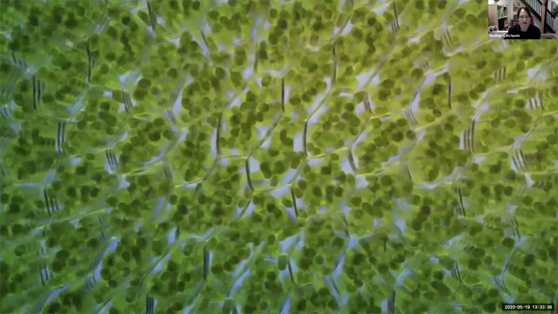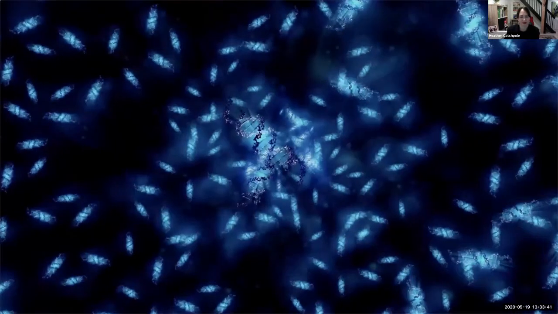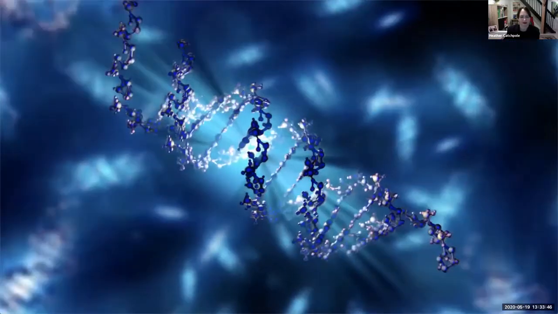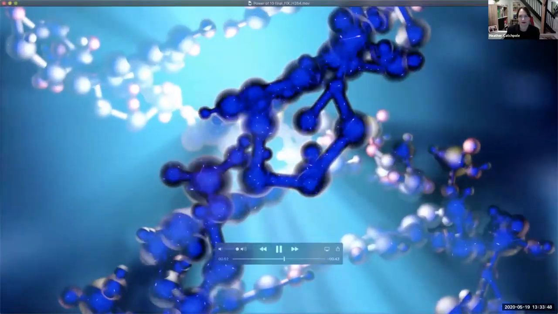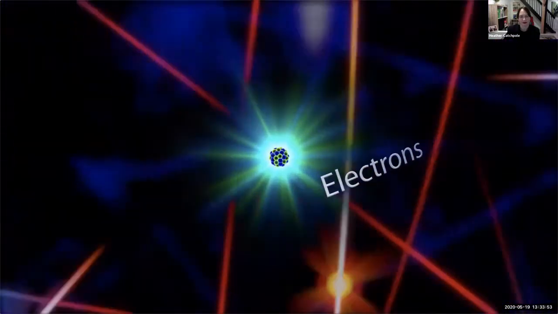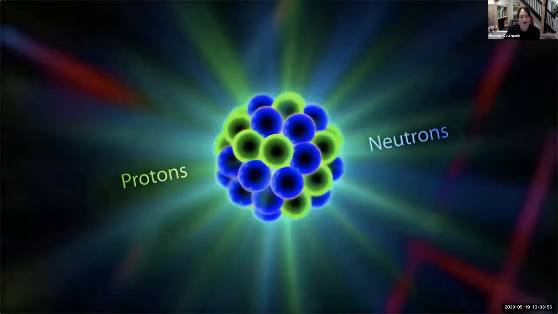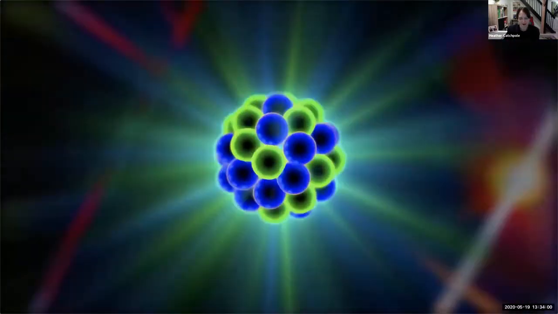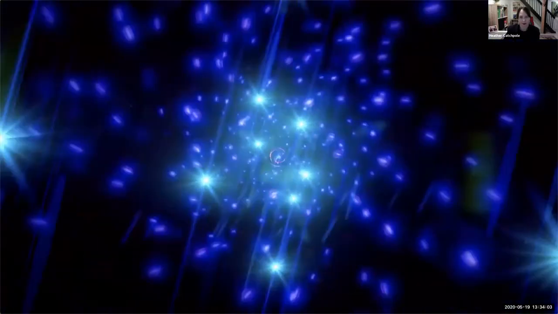From the billions of different cells that make up the myriad of life on this planet, to the DNA that forms the blueprint of our genetic code, and even further into the atomic world. Here, electrons travel at just under the speed of light. Protons and neutrons are bound strongly together by nuclear forces. Billions and billions of atoms fit into a space no larger than the head of a pin.